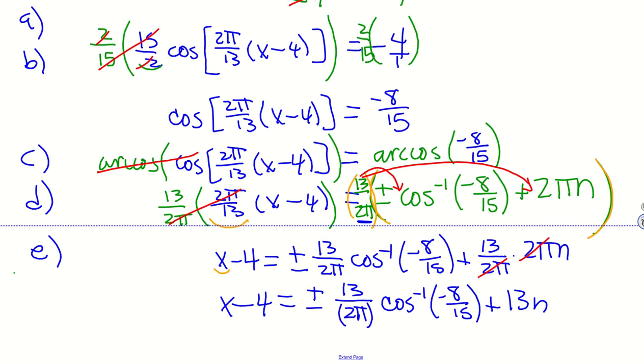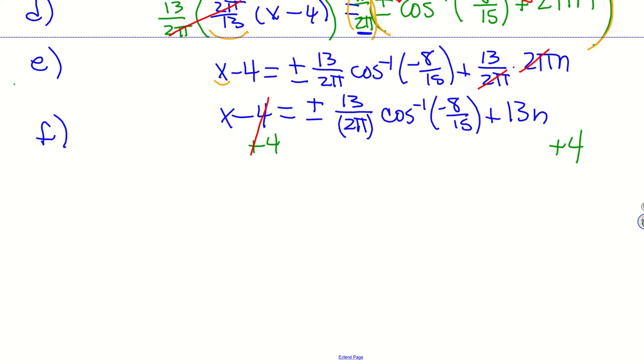Almost there. My next step, step F, is to add the 4, so I'm going to add 4 to both sides of this equation. Adding 4 to the negative 4 divides that out, and that leaves me with x alone equals. Now, remember that addition is commutative.